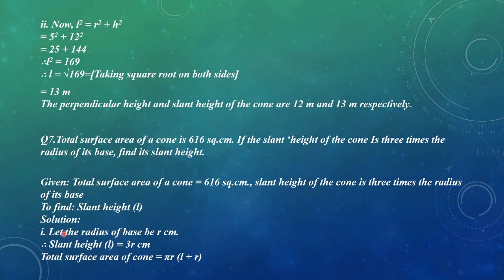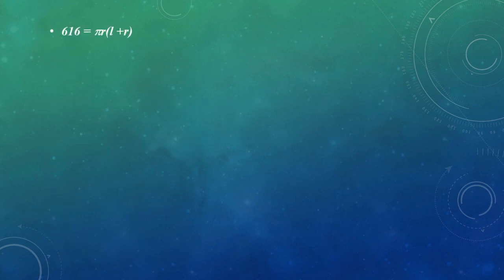Solution: let the radius of the base be r centimeter and slant height will be equal to 3r centimeter. Therefore, total surface area of the cone is equal to pi r multiplied by L plus r. So we get 616 is equal to pi r multiplied by L plus r.